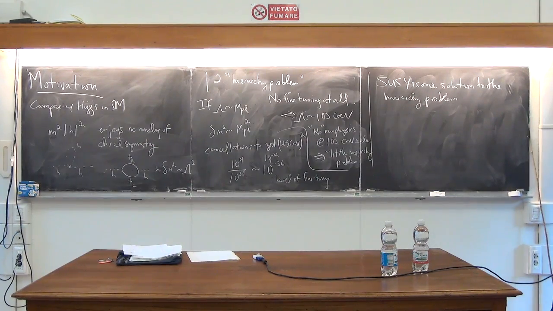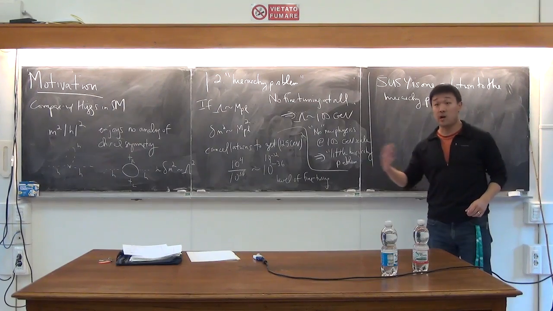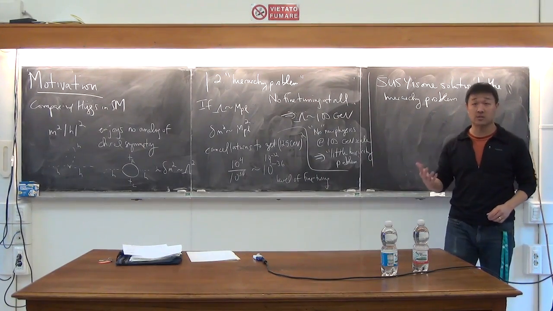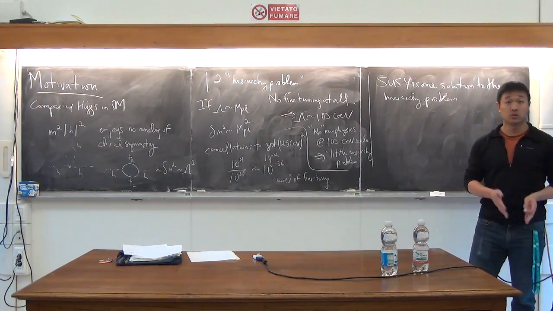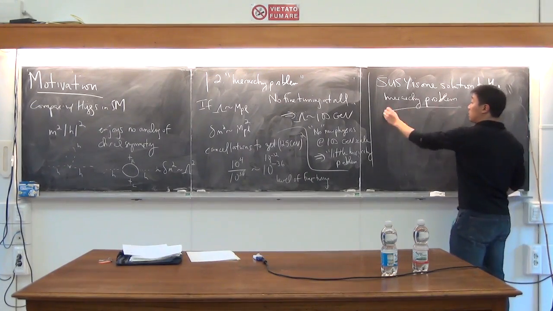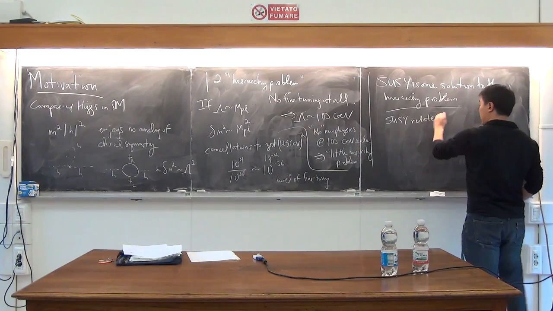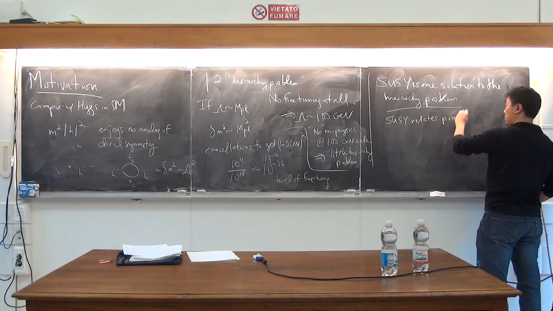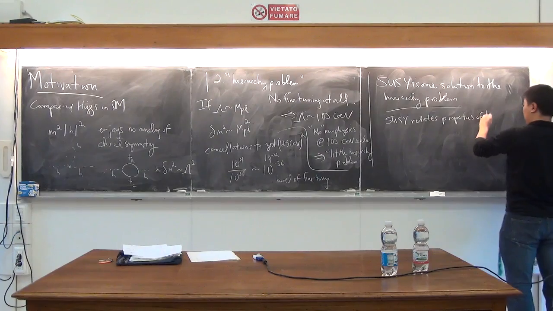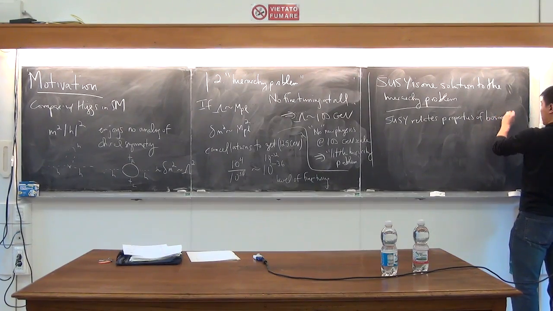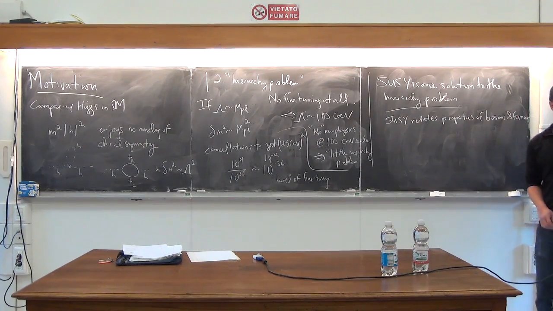And essentially, what SUSY does is very elegant. It extends the chiral symmetry of the standard model to the Higgs. So, as we'll see, SUSY relates the properties of bosons and fermions, and it puts them in multiplets.